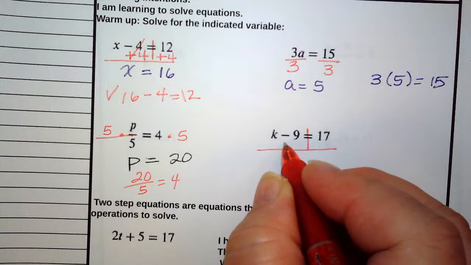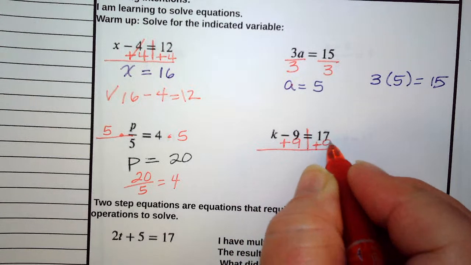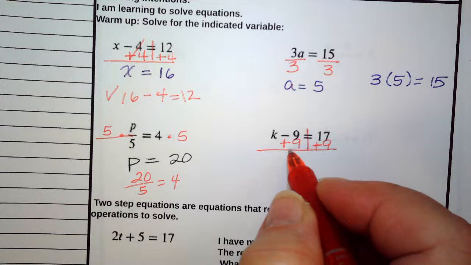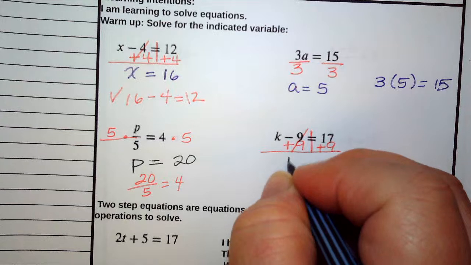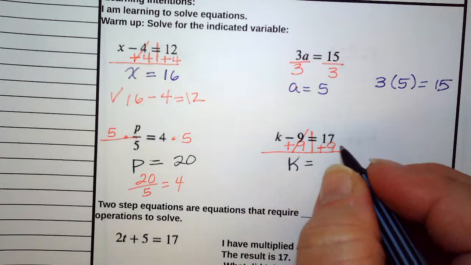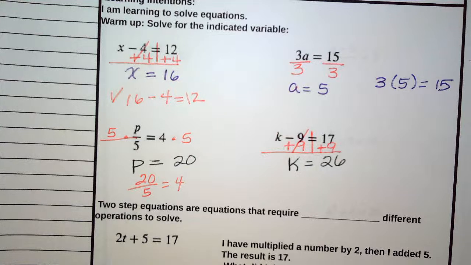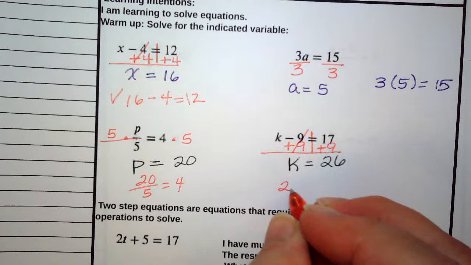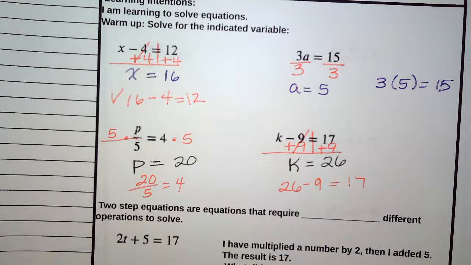The opposite of subtraction is addition, so I add 9 to both sides. Negative 9 plus 9 is 0. It is gone from that side of the equal sign. So K is equal to 17 plus 9 is 26. To do my check, 26 minus 9 is equal to 17. So it does work out.